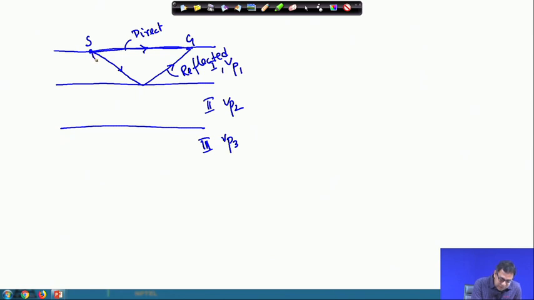So, now suppose this is the wave which is coming here. Depending upon the density of the soil, the refracted wave can move away from the normal or towards the normal, because the wave velocity is a function of the density of the soil.